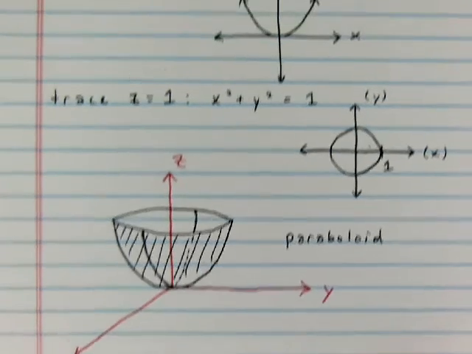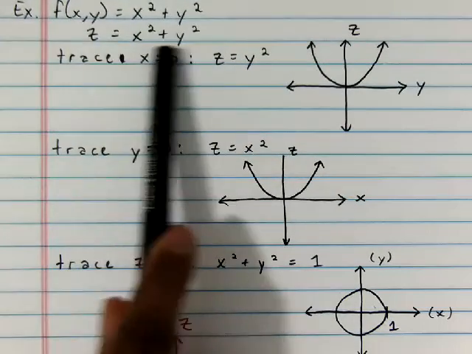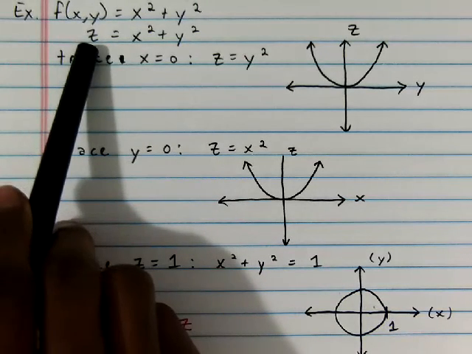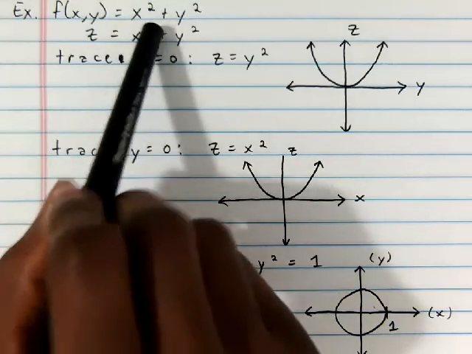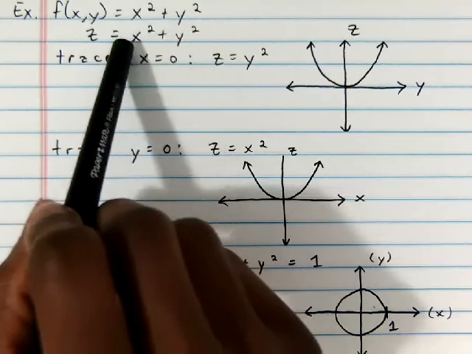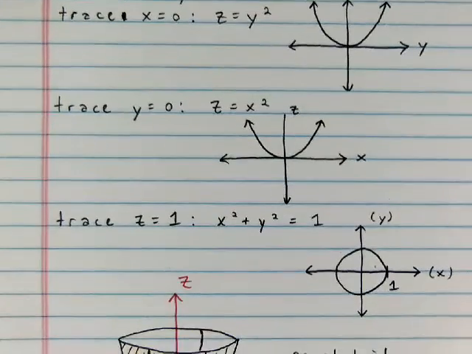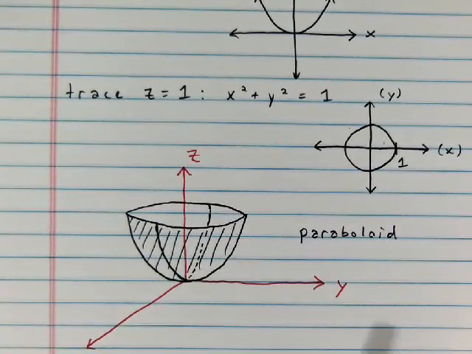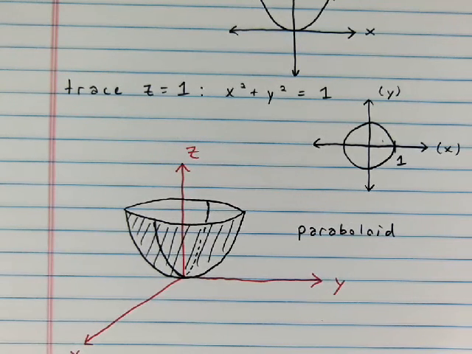And now if you see something similar to this, being that the z is on one side by itself, not being squared or having a square root or anything on it, and then the x and y terms are both squared and on the opposite side, both of which have positive coefficients, then you know that thing's going to be a paraboloid in some shape, form, or fashion. And there's a list of equations in your textbook that provide the picture, the name, along with that equation. So we'll look at some more of those in our next video.